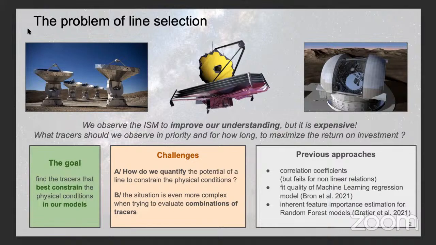But we are also interested in more than a one-to-one relationship, and also at how a set of observable lines or any tracers, it could be dust continuum bands, how much information those bring on the physical conditions. So previously, there have been some approaches that have been tried. The most naive one would be to look in the models at the correlation coefficients between physical variables and observables.